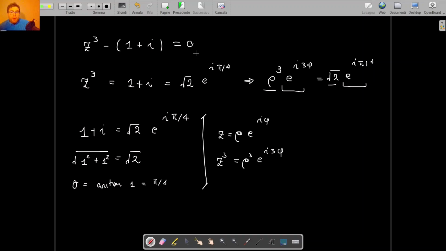We have to remember that since we can convert the complex exponential into its trigonometric form, our solution will be periodic with a period determined by this product here. So we have that rho to the third power is equal to the square root of 2, which is equal to 2 raised to 1 over 2.